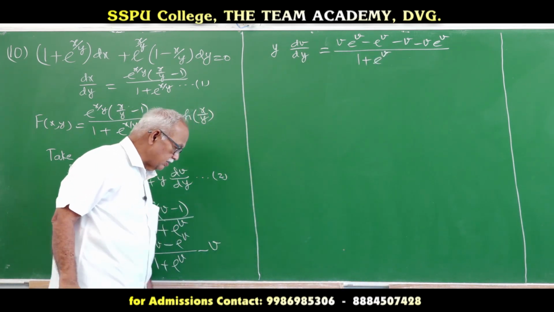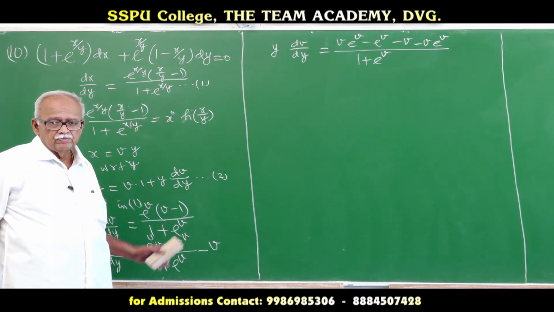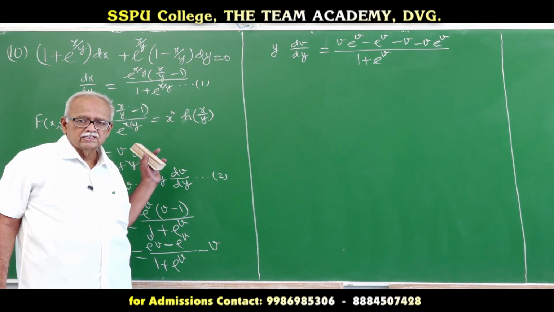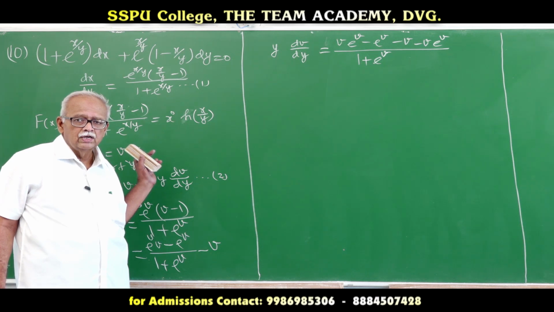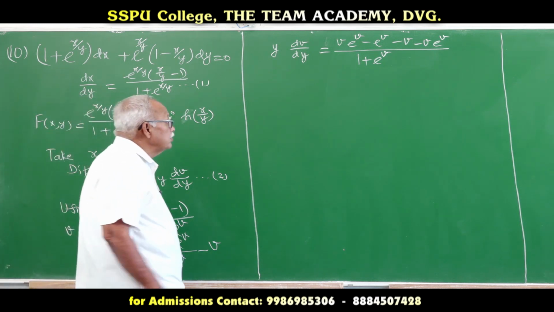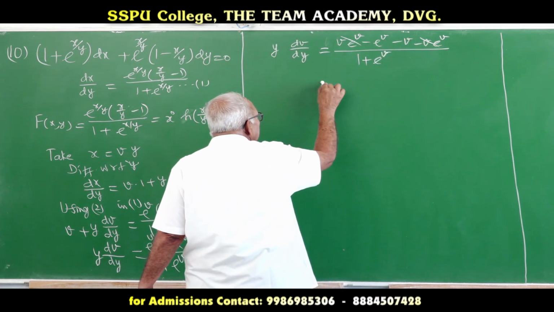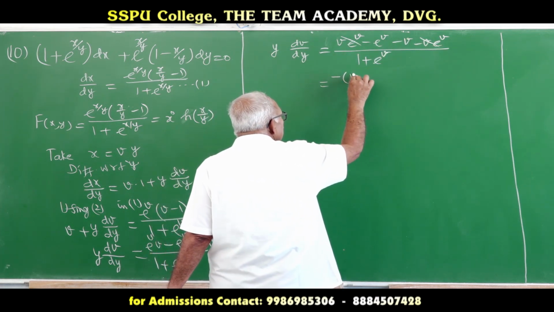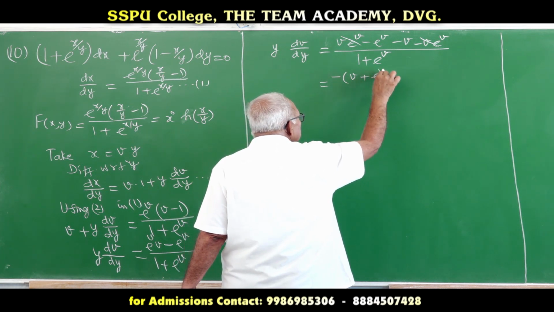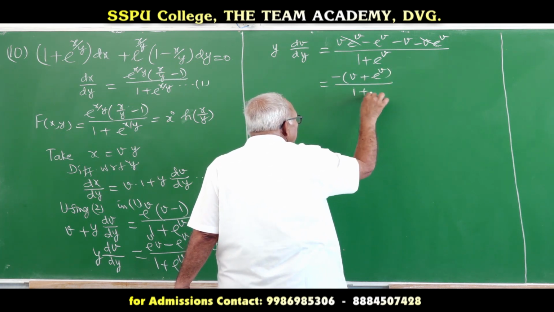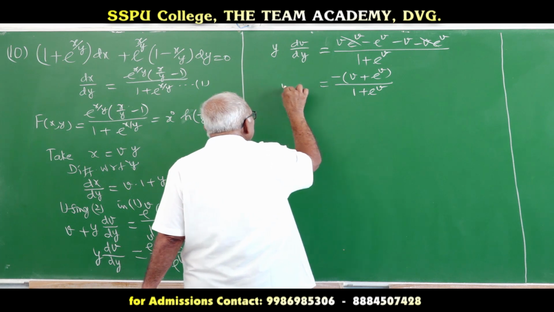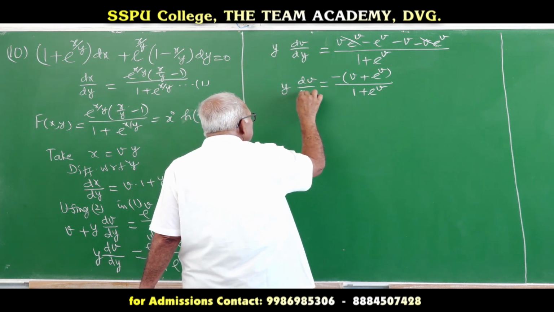So, this is the simplification. So, we should be careful, dy by dx is not there, now it is dx by dy. Now, you can cancel these two, you can take a minus of v plus e power v divided by 1 plus e power v, y into dv by dy.